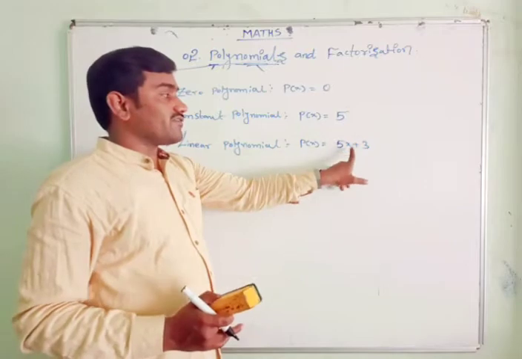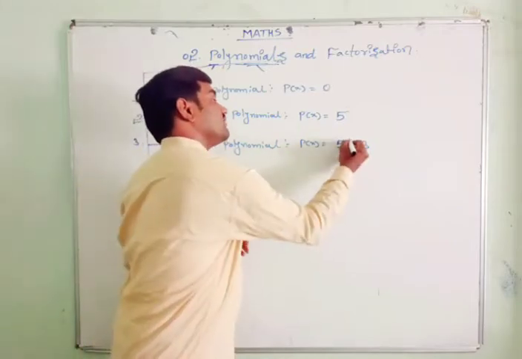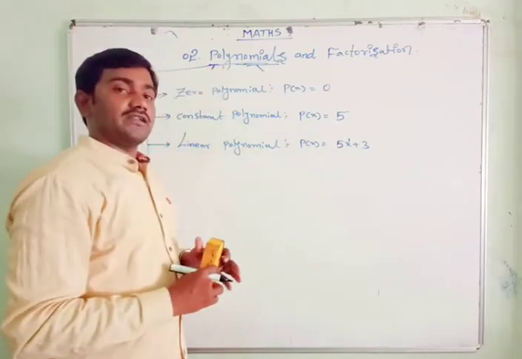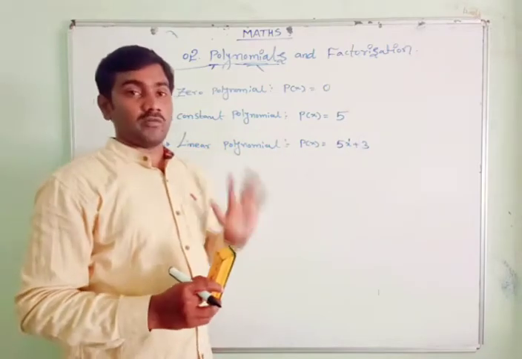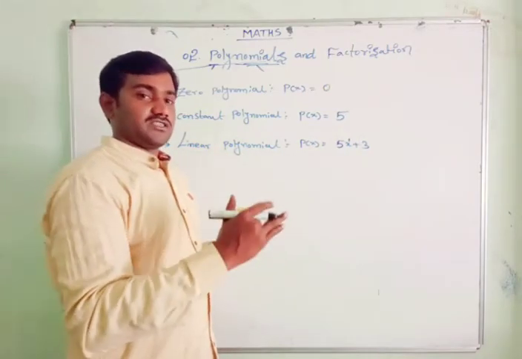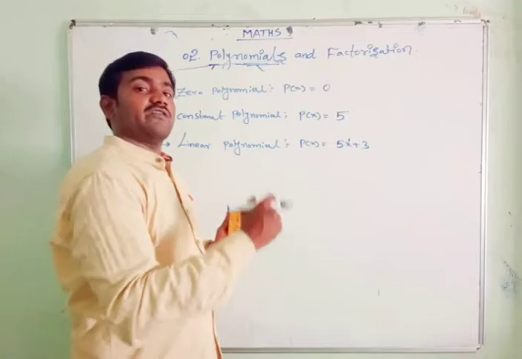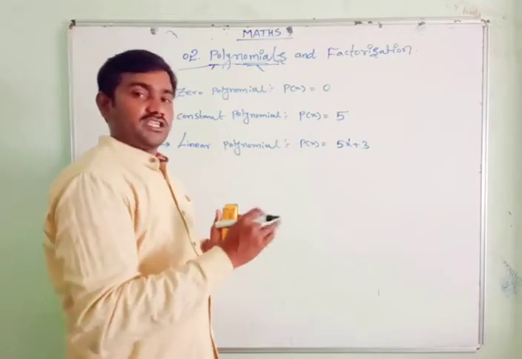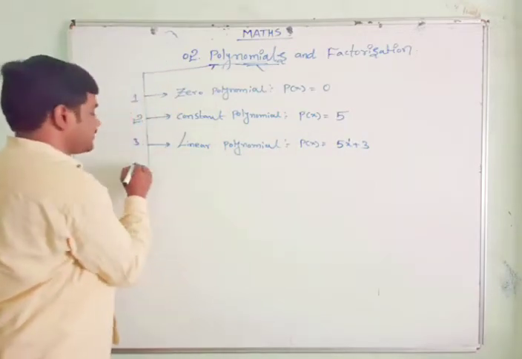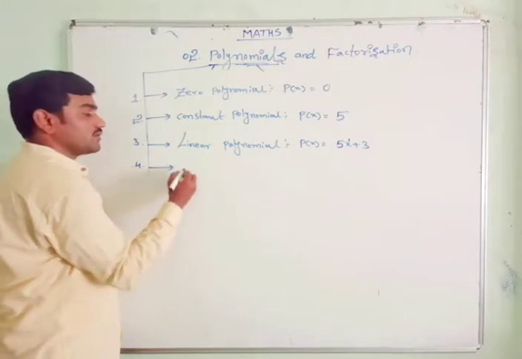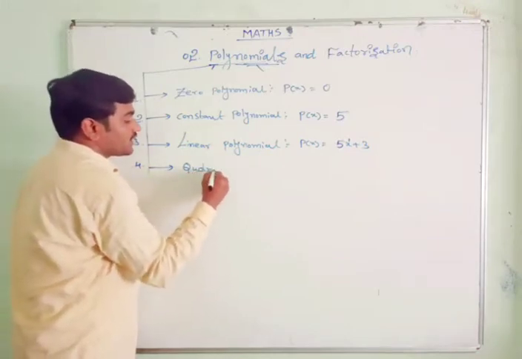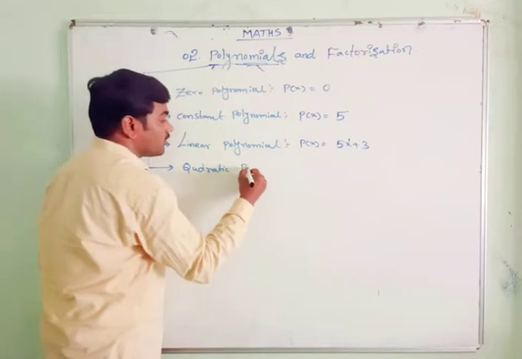So what is the power of the variable? That is 1. If the power of the variable is 1, it is known as a linear polynomial. Next, quadratic polynomial.